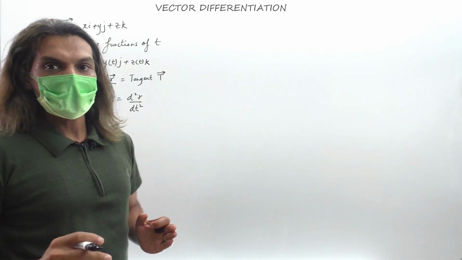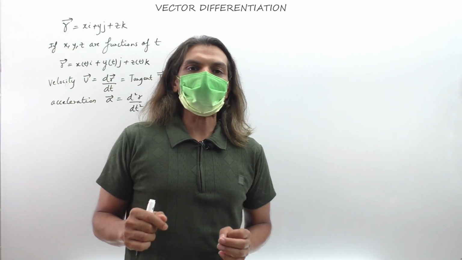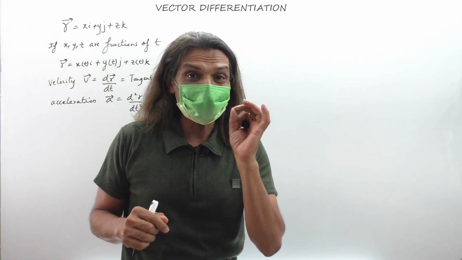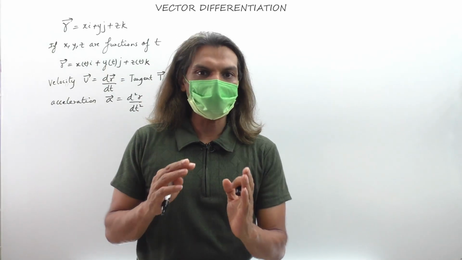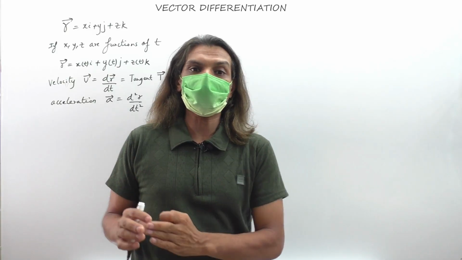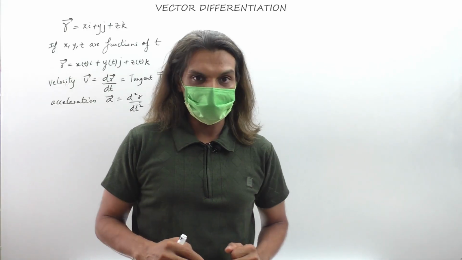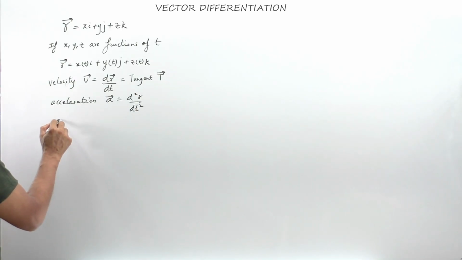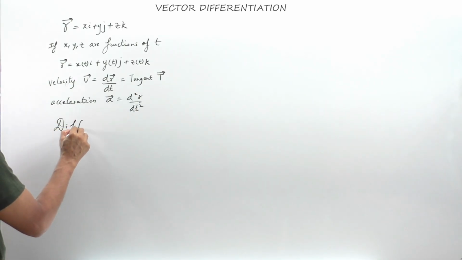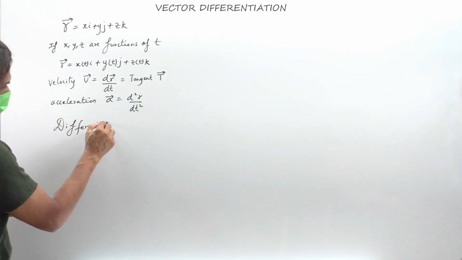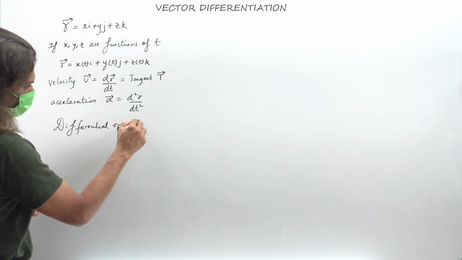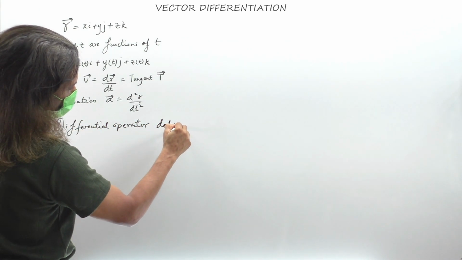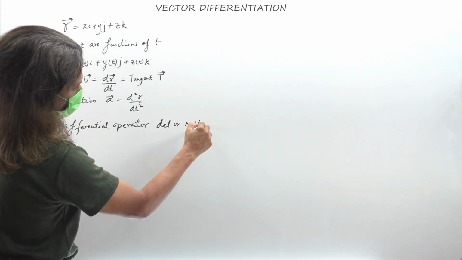Now, here you need to remember a very important differential operator called del or nabla. It is very important to remember this because we will be using this operator to solve 90% of the problems here. Okay. Now, this differential operator is given as del or nabla.